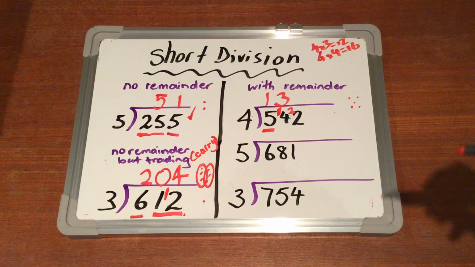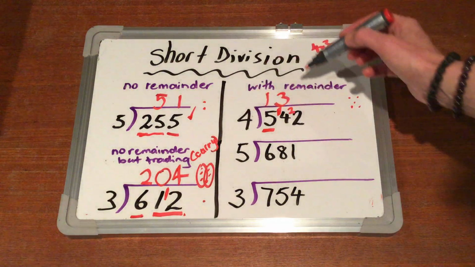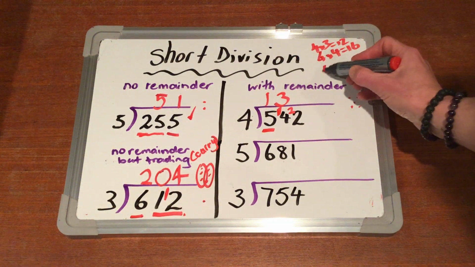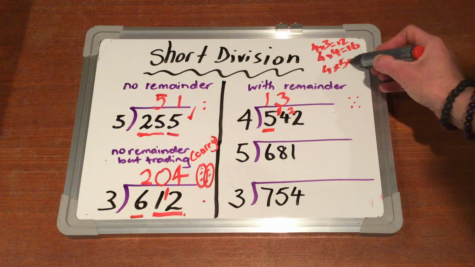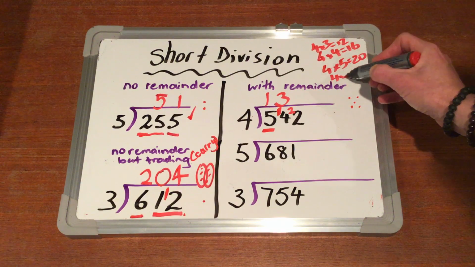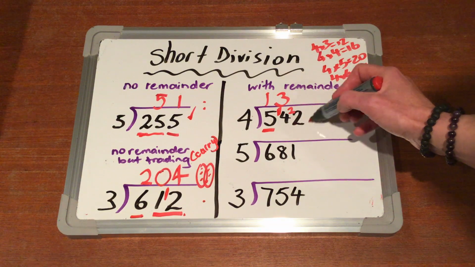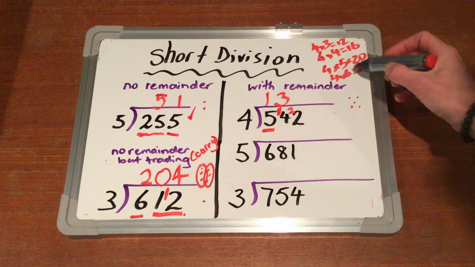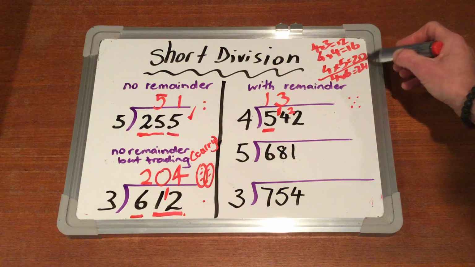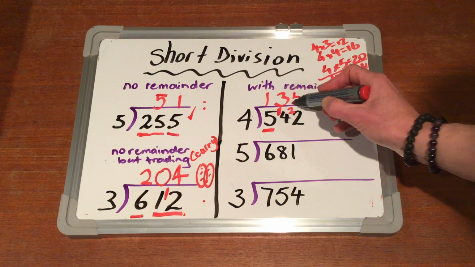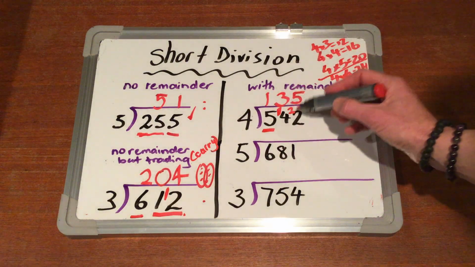That's my trade or my carry. 4 into 22. 4 5s equal 20. 4 6s equal 24, which is too much. I don't have 24. I've only got 22. So 4 5s is what I'm using. So there's my 5. 4 5s are 20.